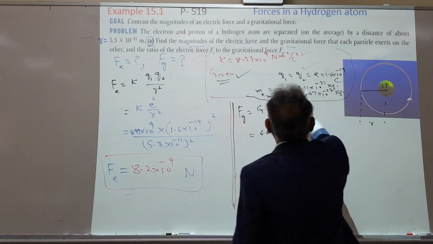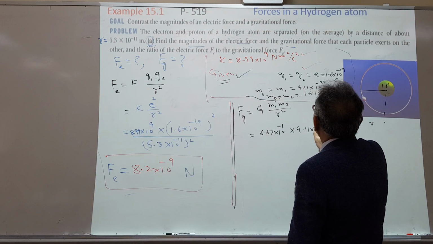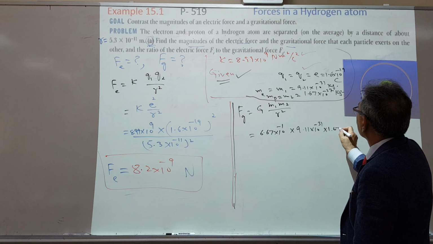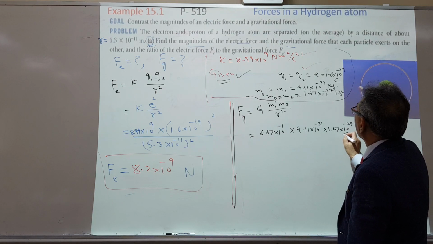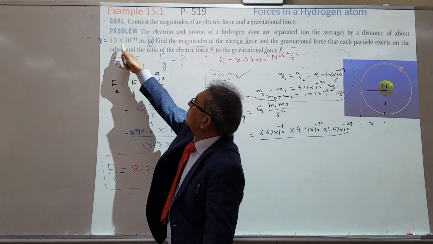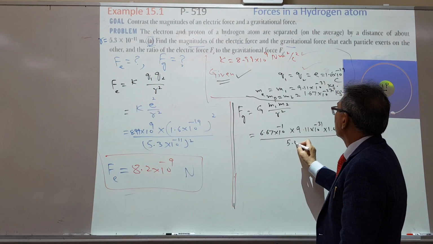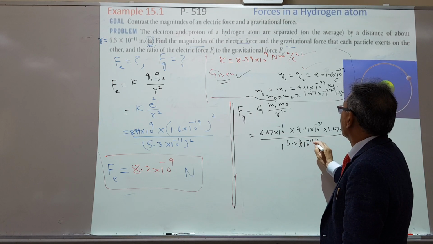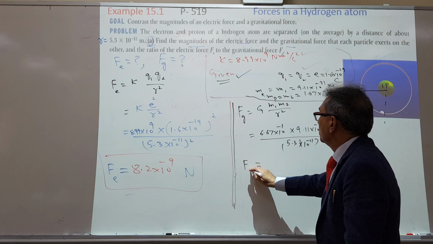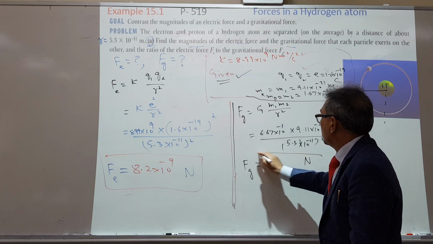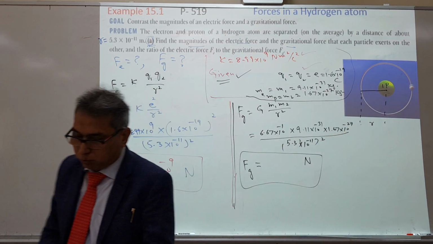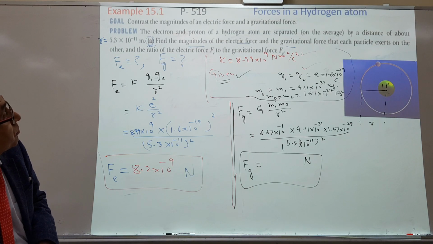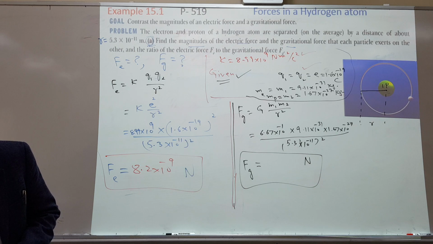So M1 is 9.11, M2 this much, over R square, which is 5.3 times 10 to the minus 11 squared. So you get the gravitational force between the two point masses, proton and the electron.